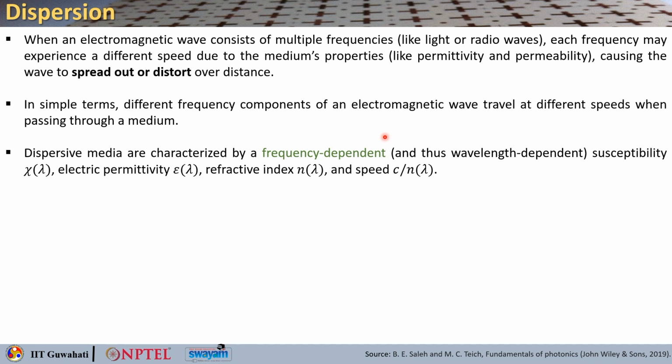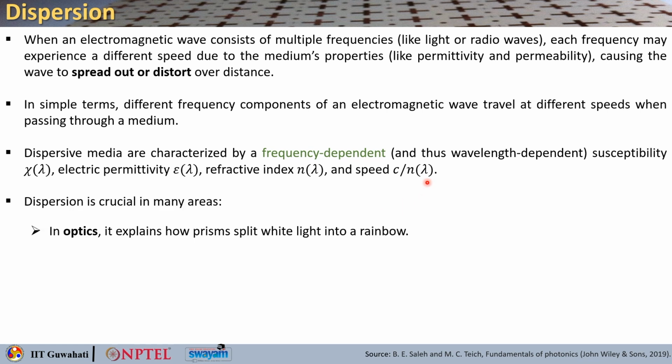So, a dispersive medium is basically characterized by frequency dependent, or you can say wavelength dependent, susceptibility chi of lambda, electric permittivity, which is epsilon of lambda, refractive index n of lambda, and speed, which is c by n of lambda. So, dispersion plays a very critical role in many areas.